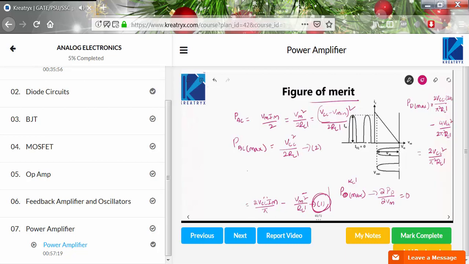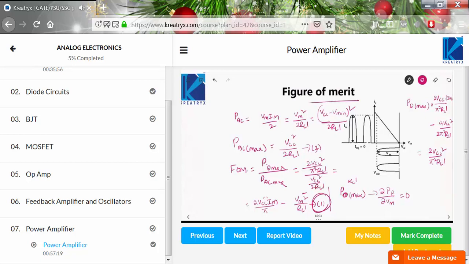Now what about the figure of merit? The figure of merit is nothing but PD max by PAC max. So PD max is nothing but 2 VCC square by pi square into RL dash, and PAC max is nothing but VCC square by 2 RL dash.